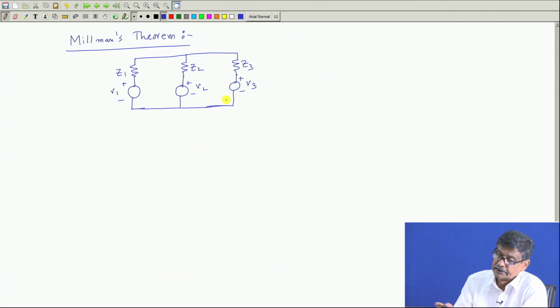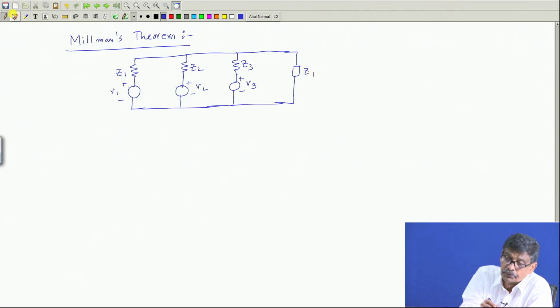There are several voltage sources with impedances, and here maybe you have connected a load impedance Z. Then how to find the currents flowing through all the branches as well as this impedance in the output circuit. So, this current may be I1, and this is the current I.